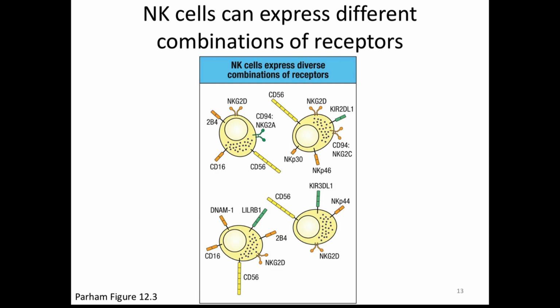We don't have VDJ, and we have these more broad receptors. And so we usually think of NK receptors as being much more like innate responses. And so I would say, at least in terms of what we're talking about right now with NK cells, again, we'll get into some other stuff as we go forward.